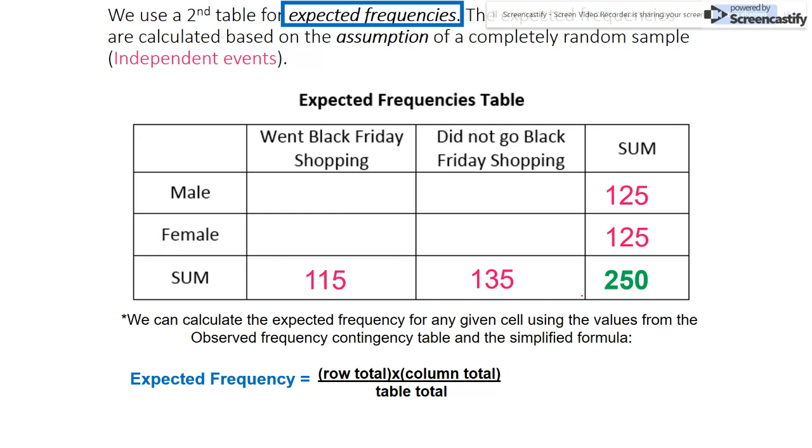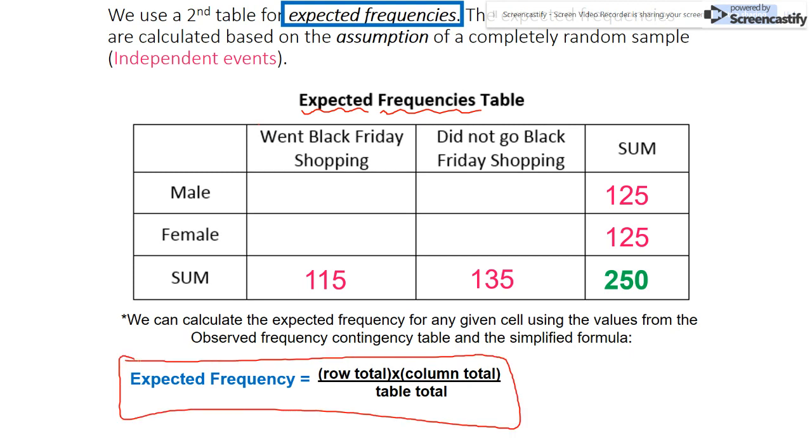So notice I just filled in the sums because the sums should add up to the same amounts. So in that second table, it says expected frequencies. So to calculate an expected frequency, there's a formula, and it's right below that table on your paper. This formula is how we calculate an expected value for an expected frequency table.